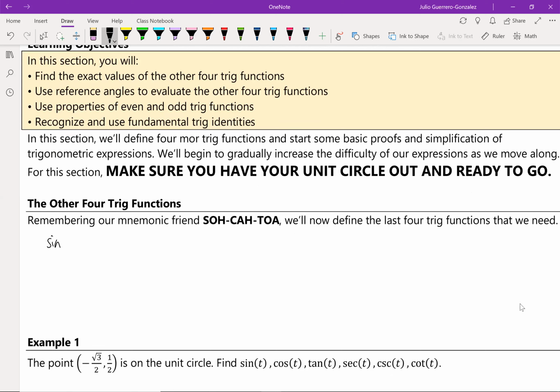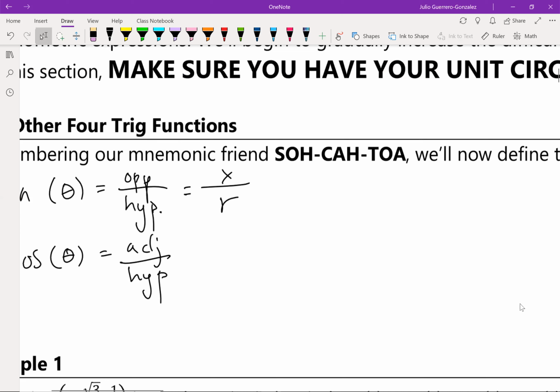Sine of some angle theta is opposite over hypotenuse, and if we use our x's and our r's, it's the x divided by the radius. Cosine of some angle theta is adjacent over hypotenuse, and that is equal to the y divided by the r.